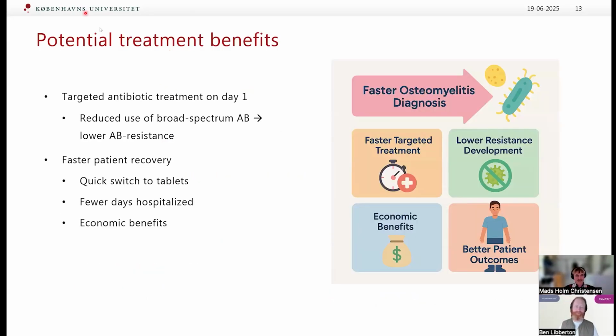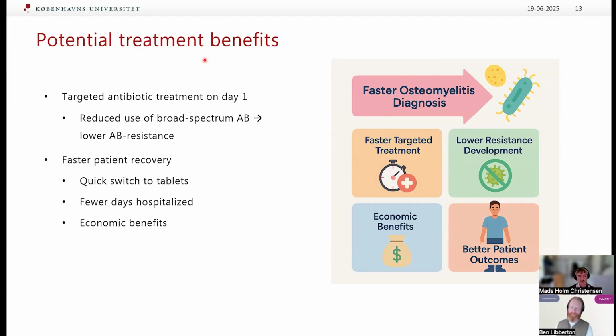So the aim or the benefits that we're hoping to see in the end when this project is done is that we can obtain a faster diagnosis, which will enable faster targeted treatment of the bacteria that is causing the infection.